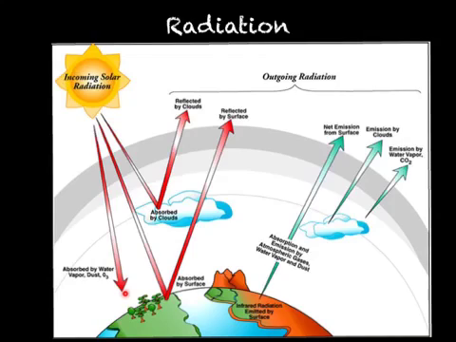Some of that heat is absorbed. Some of that heat is actually reflected from the surface. What is absorbed is heat transfer, and what is reflected is being radiated back into our atmosphere and back into space. So radiation is the transfer of heat through waves.